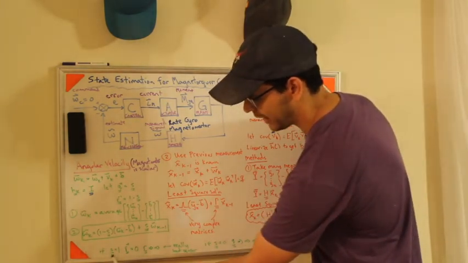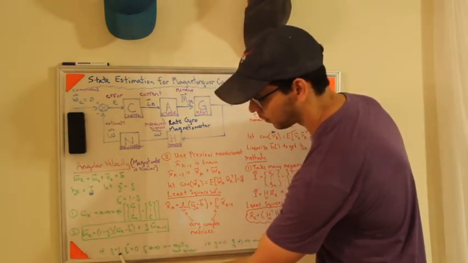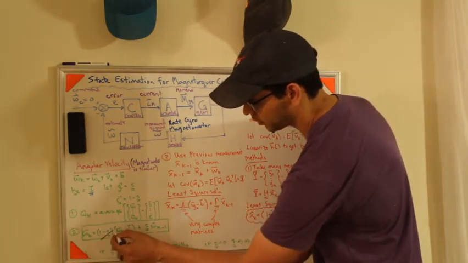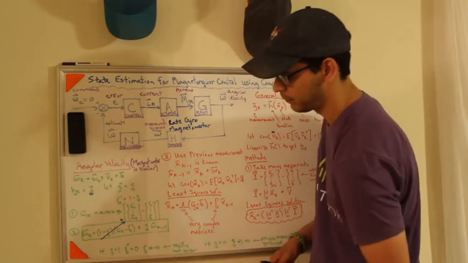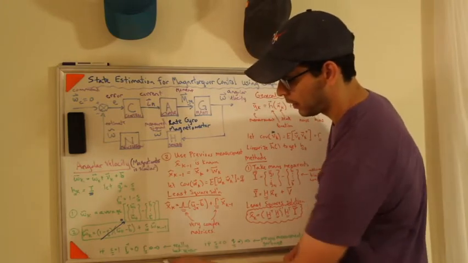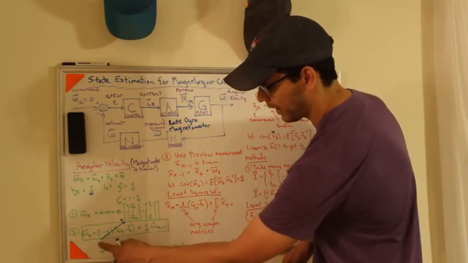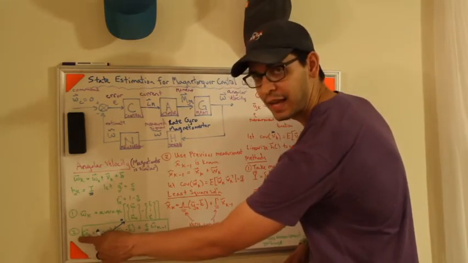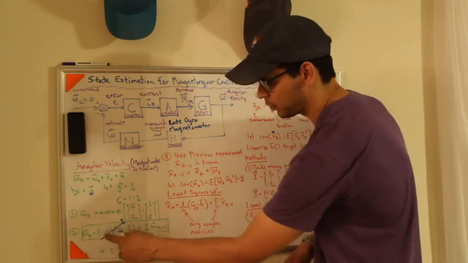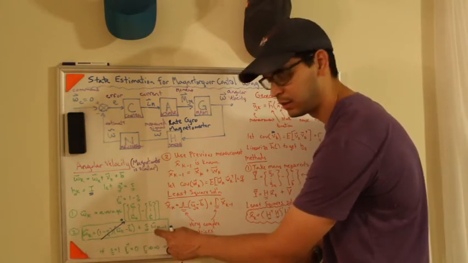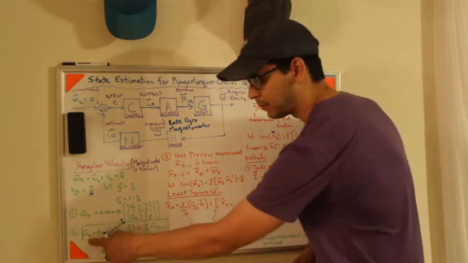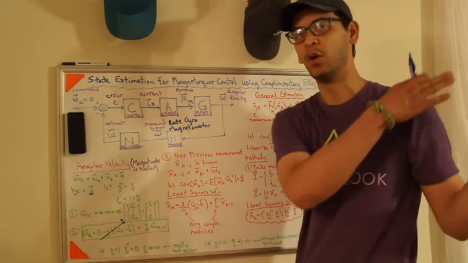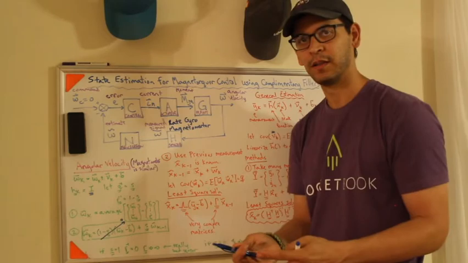If I assume S is equal to 1, it means that this whole term is going to go to 0. And so that means that the kth estimate is going to be equal to the previous measurement. And then the next measurement is going to be equal to the previous measurement. So you basically ignore your measurement, your sensor.